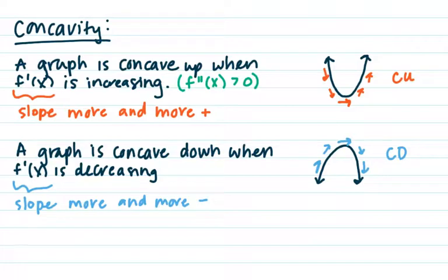Okay? And then similarly, if our slope is decreasing, that means the second derivative, or how the slope is changing, is negative. Okay? So this video is focusing on the second derivative. This is how we use the second derivative to identify when a graph is concave up versus concave down. We look for when it's positive versus negative.